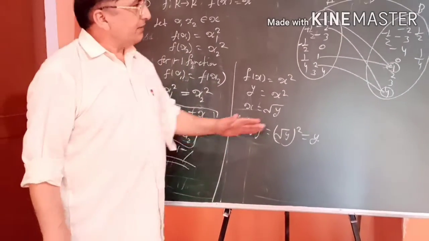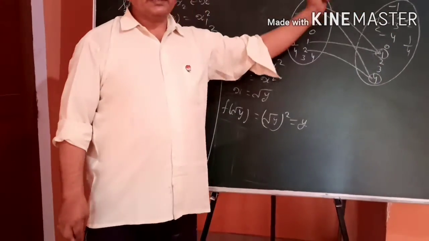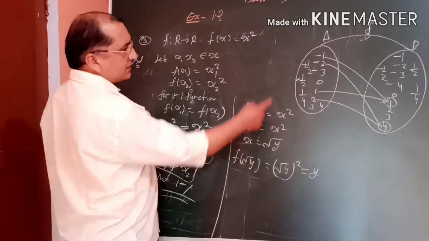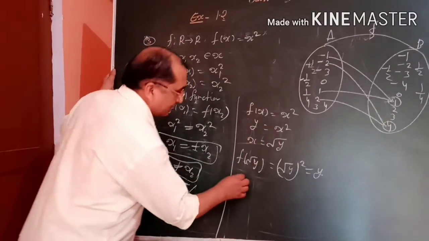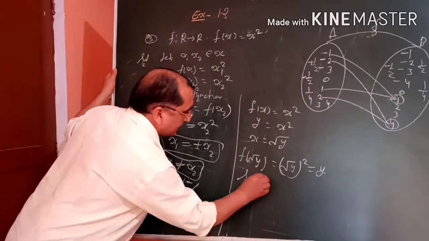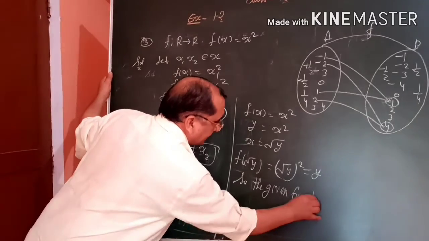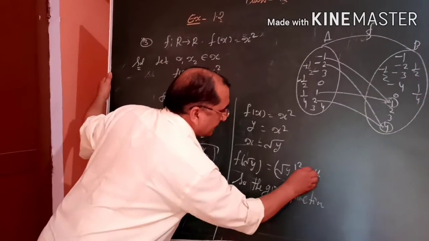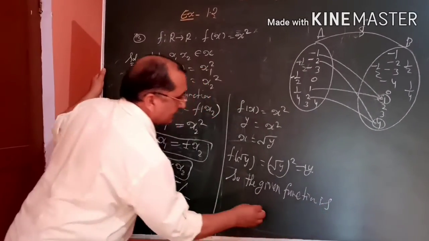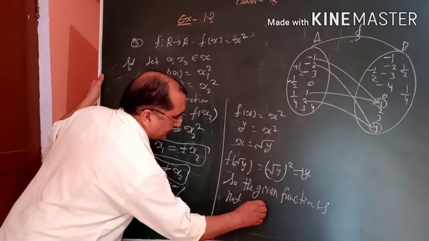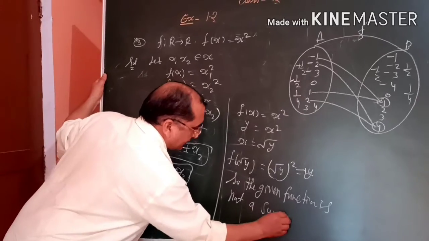But all the rest of the elements are not the image of any pre-elements. So the given function is not a surjective function.